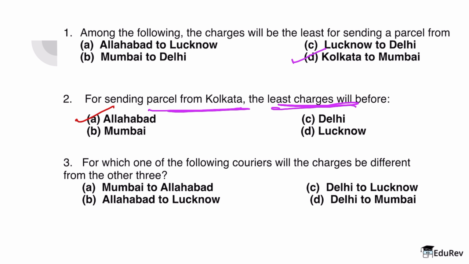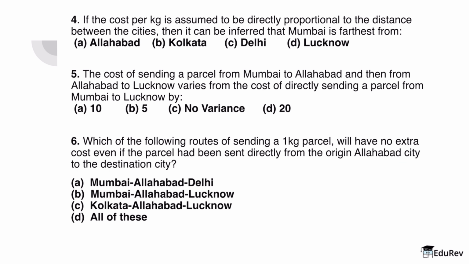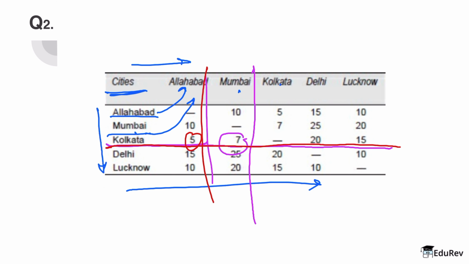Okay, question number 3. For which one of the following couriers will the charges be different from the other three? The options are Mumbai to Allahabad, Allahabad to Lucknow, Delhi to Lucknow, and Delhi to Mumbai. Now in the table, here it is. The cost of sending a parcel from Mumbai to Allahabad is 10.